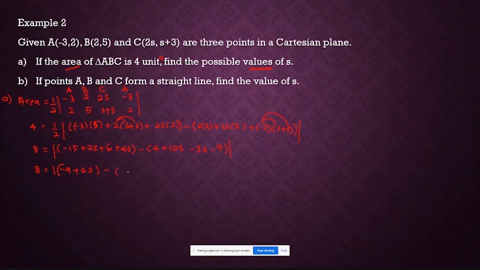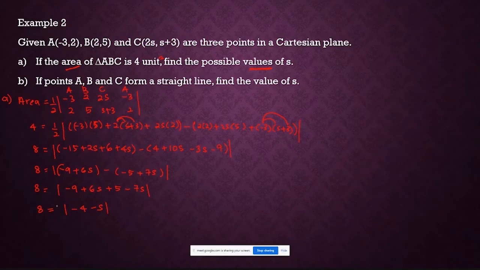Then 4 minus 9 is negative 5, plus 7s. Then we combine with the bracket: negative 9 plus 6s plus 5 minus 7s. 8 equals negative 4 minus s.